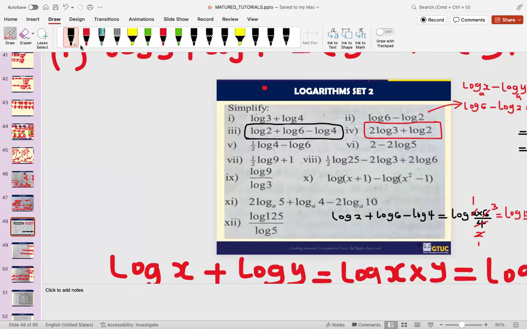So let me pick the question and then we can do it together. The question says we should solve 2 log 3 plus log 2. So this is my problem.